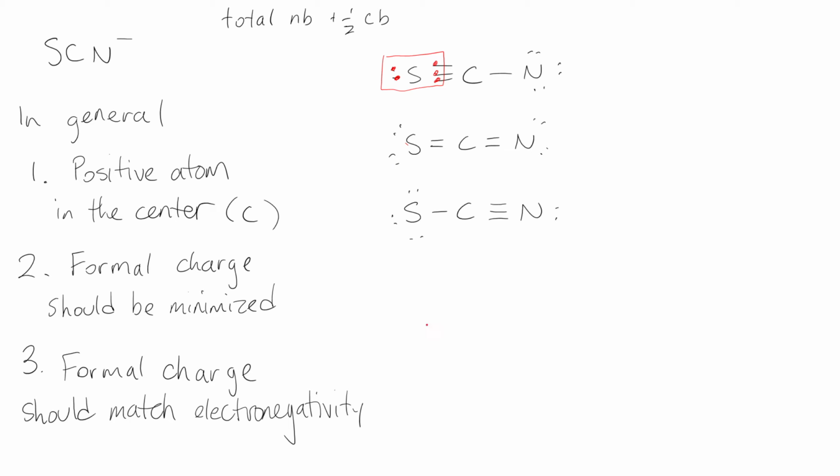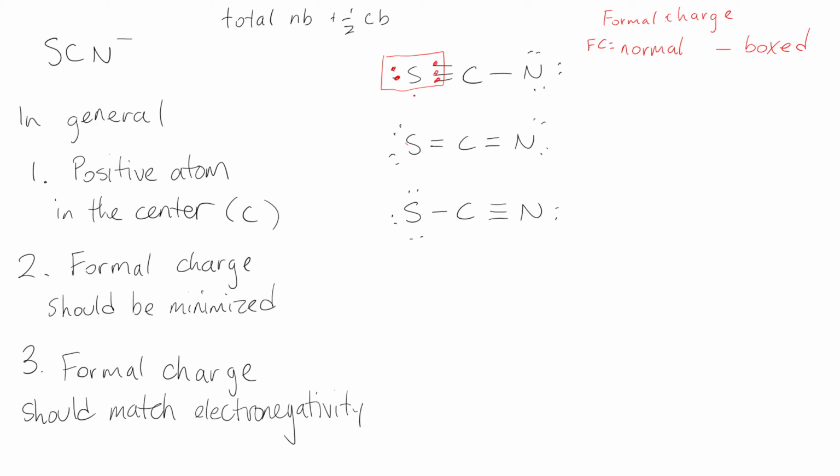So the formal charge is going to be what the element has normally minus the boxed electrons. So formal charge is equal to the normal amount of valence electrons minus the boxed valence electrons.